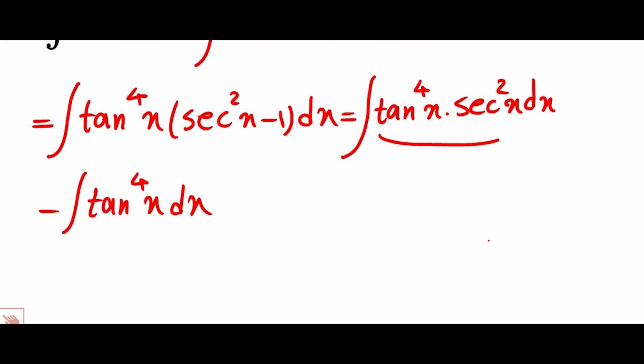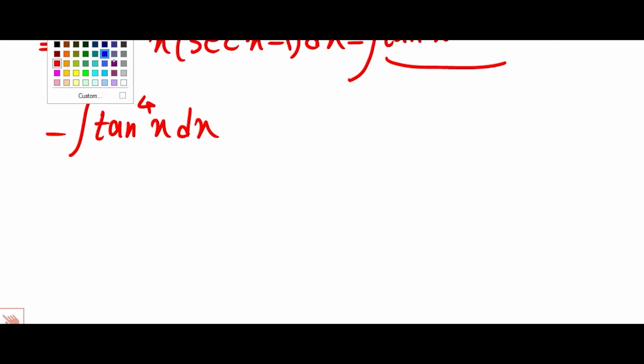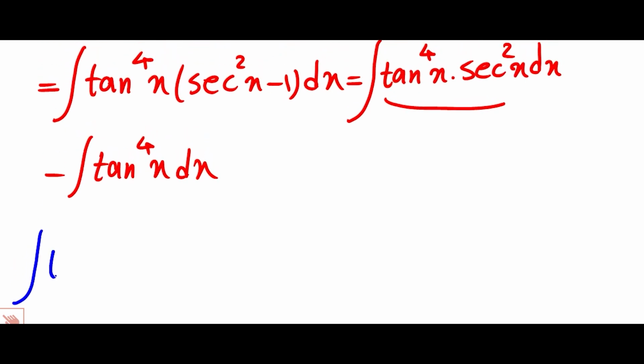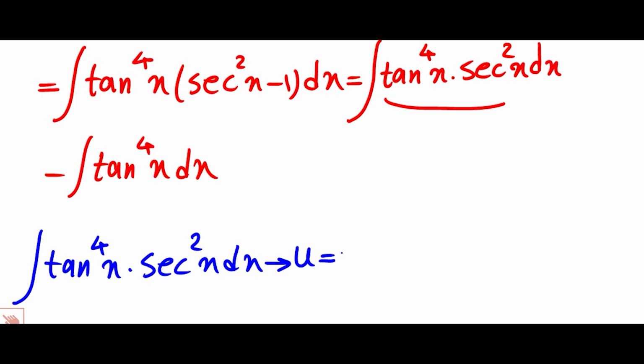For the first integral, we have the integral of tangent to the fourth x times secant squared x dx. So let u equals tangent of x. If we take the derivative of both sides, we have du equals secant squared x dx.